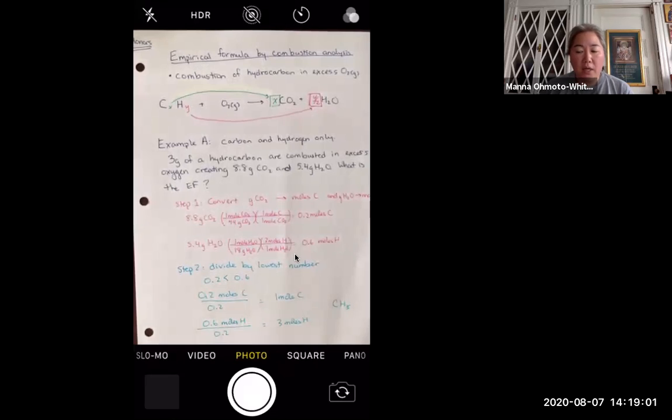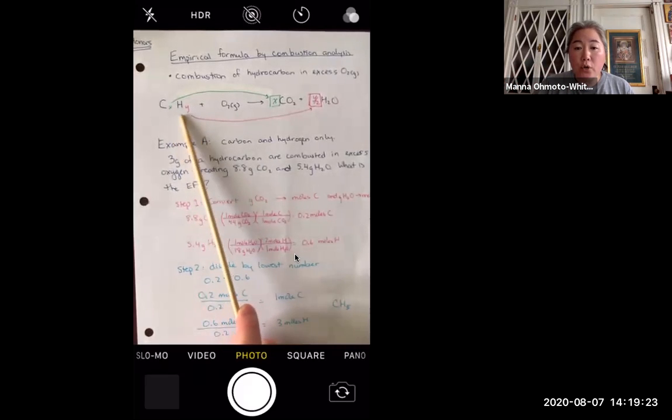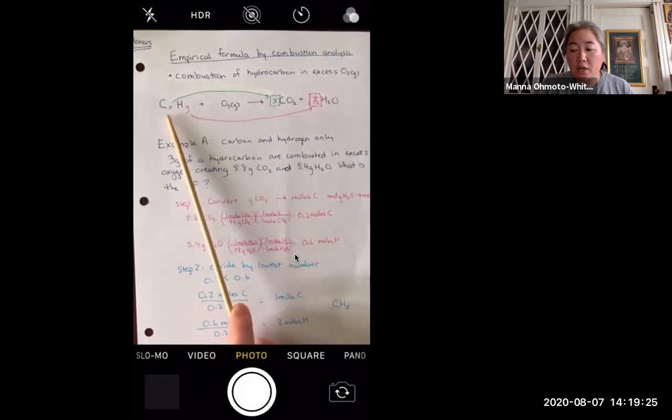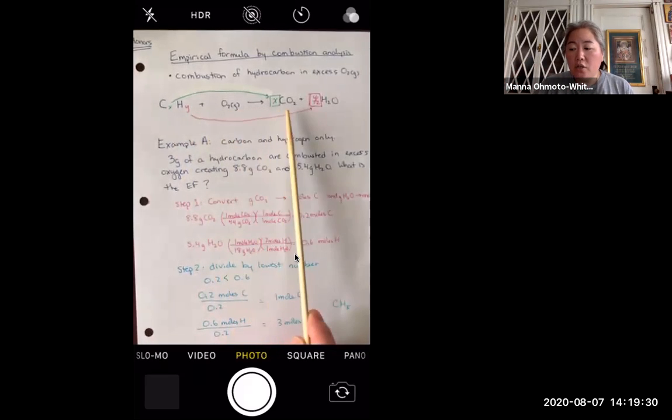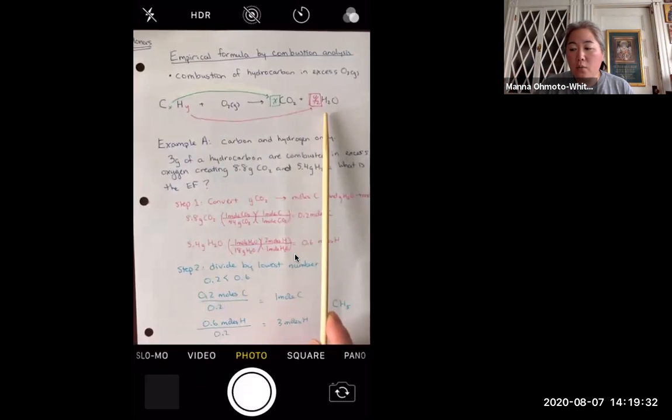What they do is they combust the organic compound, because it's usually organic, in the presence of oxygen to create carbon dioxide and water and probably some other things. They measure the amount of carbon dioxide and water that they get in order to find out what it is that they have. So it uses the general format that any hydrocarbon, which is a compound that contains carbon and hydrogen and possibly other things, when combusted in oxygen creates carbon dioxide and water.